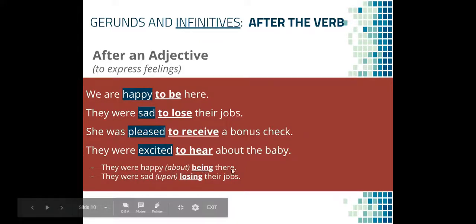Sometimes, because English evolves, and part of evolving is it becomes more efficient and we drop words. You might hear, instead of they were happy about being there, people will say they were happy being there. Right? I am happy seeing you. Right? But this word, it is using this word, but this word has been dropped. That's why it's ing.